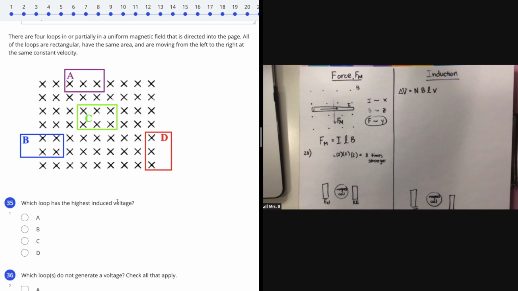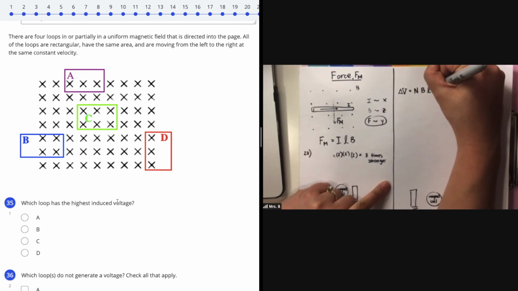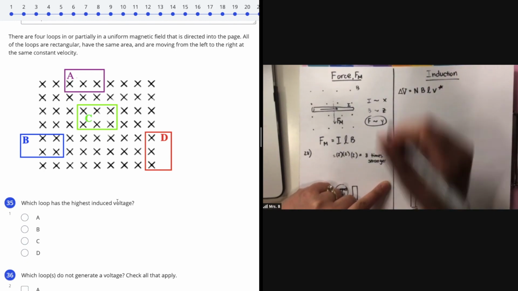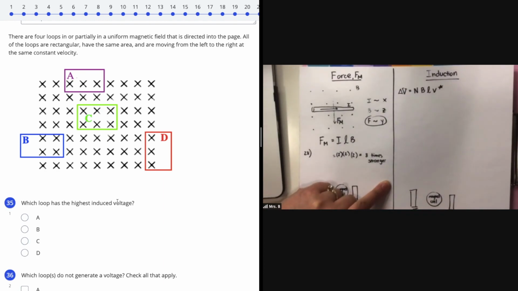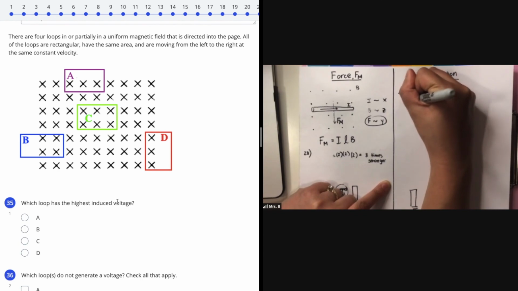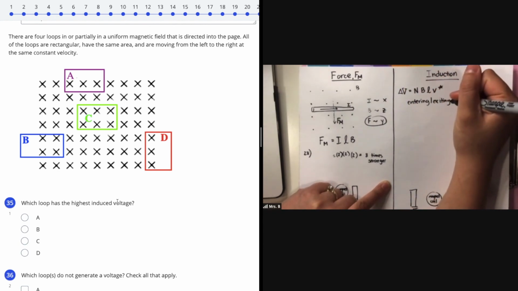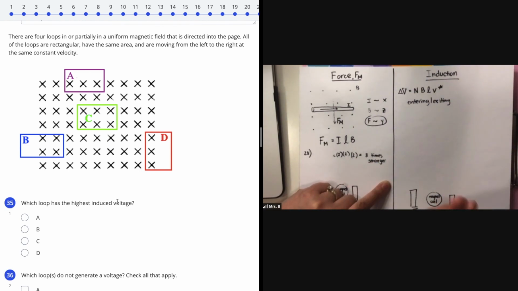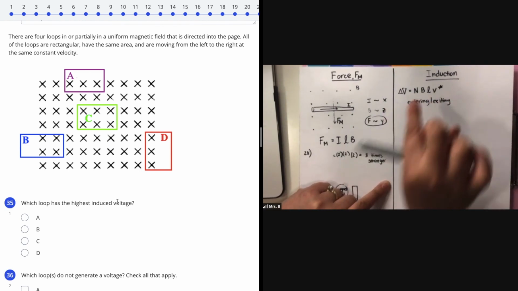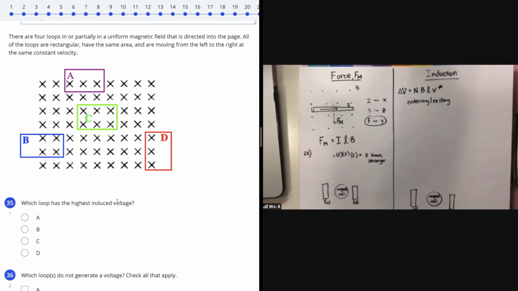Notice that I can use this equation, but I'm putting a star next to it. This equation is good for thinking of proportions, but I can only use it to calculate when you are entering or exiting the field. That means wires A and C that are moving to the right but not leaving the field don't have a voltage. Their voltage is 0 if they are not entering or exiting the field.